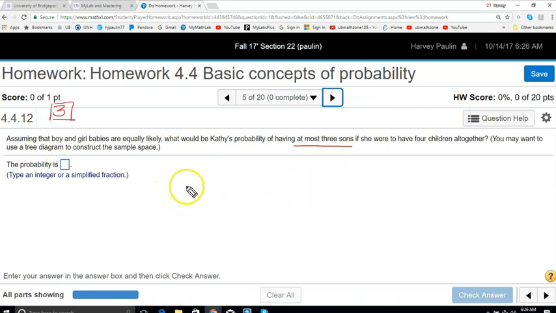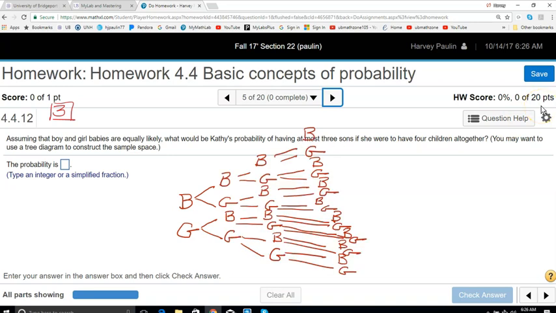So again, we have a sample space that we're going to make here. This will be a boy, and this will be a girl, and I'll start you off like so. And let's see what you can do. So to get started, how many individuals would you have altogether?